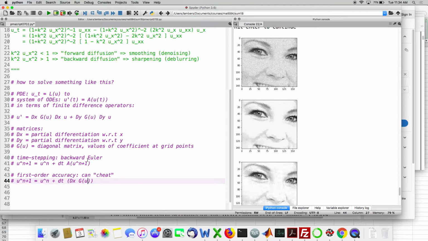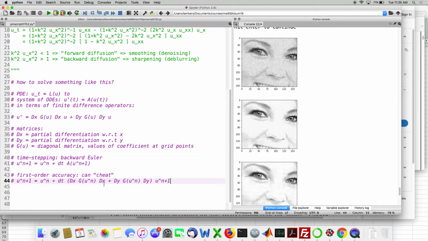dx g of u^n dy plus dx, sorry, that's dx again, dy g of u^n dy, all applied to u^(n+1).